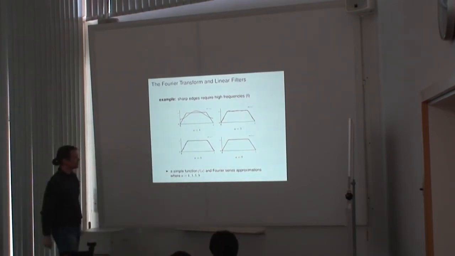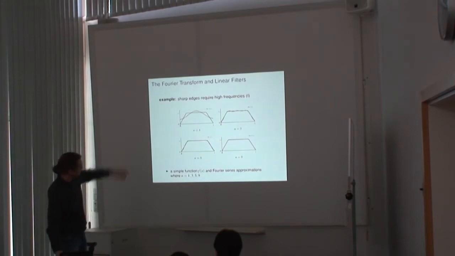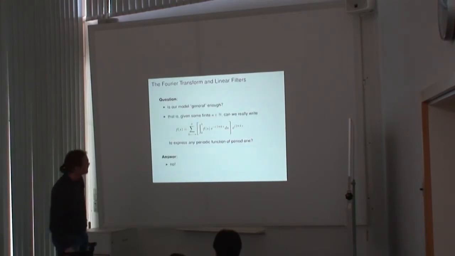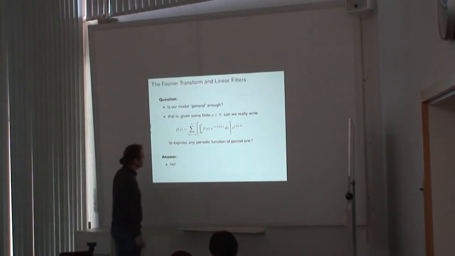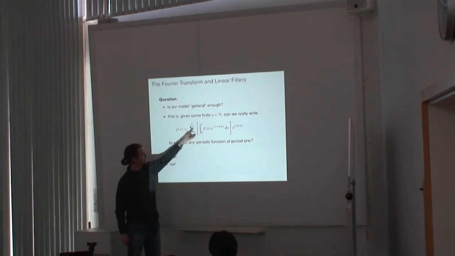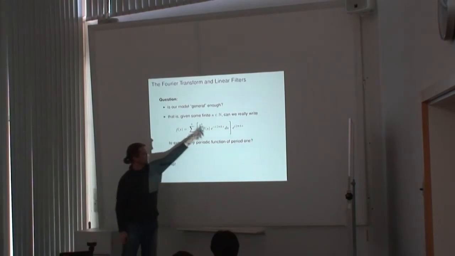But the blue curve is the function f of x we are interested in, and the orange curves are representations of this function f of x, where I have chosen different values for n. So the blue one is this, and we try to represent it like so.